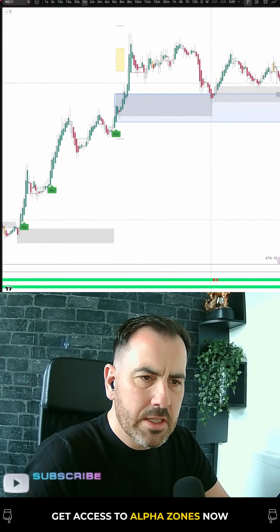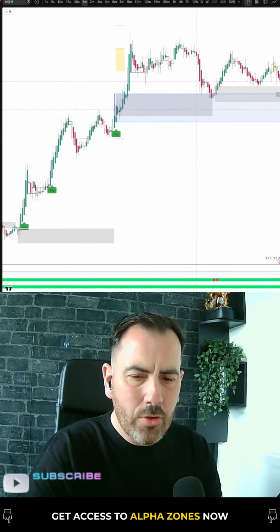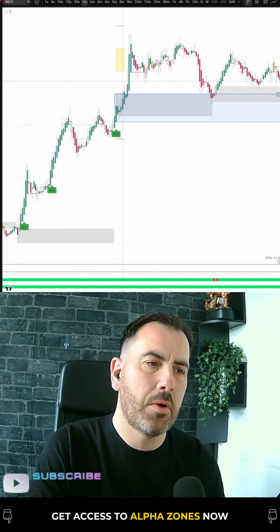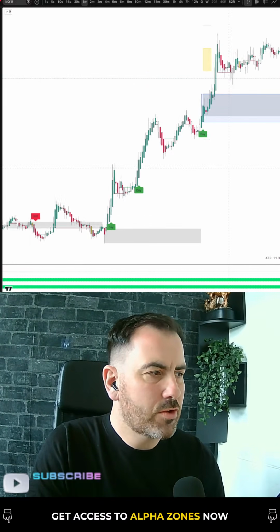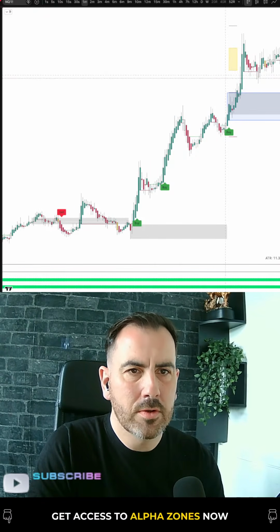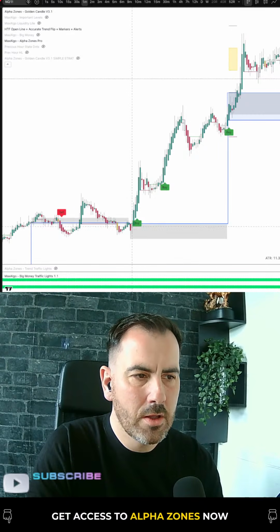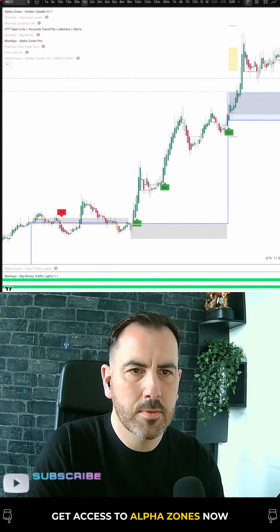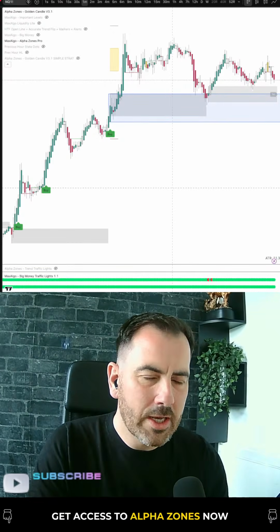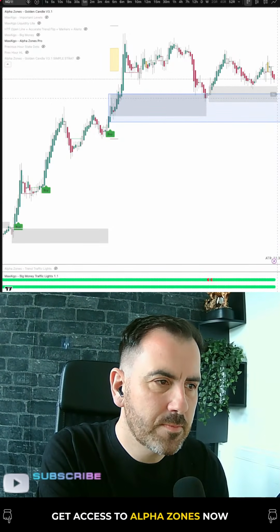These basically tell us the formation of the hour. They give us an idea of what the hourly candle's doing. So if we're coming above, we're bullish. If we're below it, we're bearish. And if we're trending, like our alpha zones are open above, we can give you a visual representation of that just so you can see. Look, up, up. Gives us a good idea that we are currently still bullish. Have leveled out a little bit here.